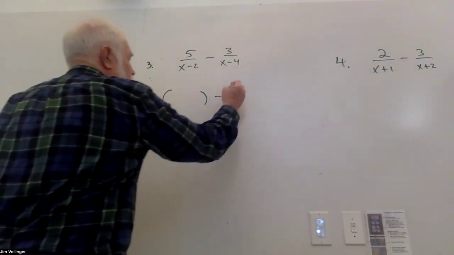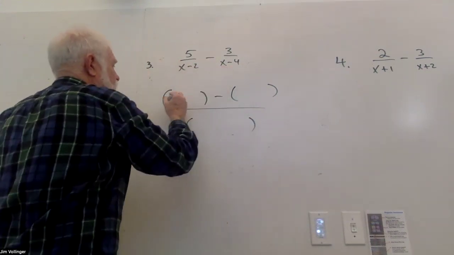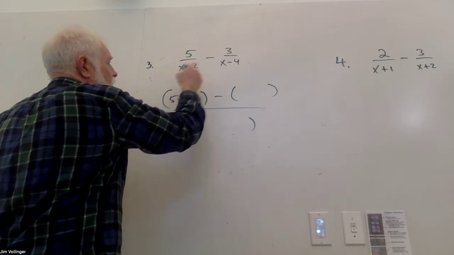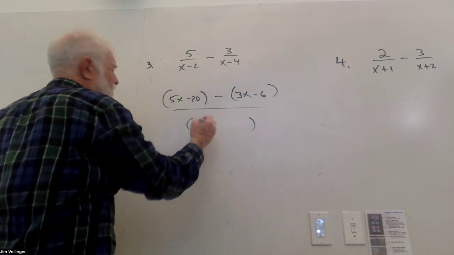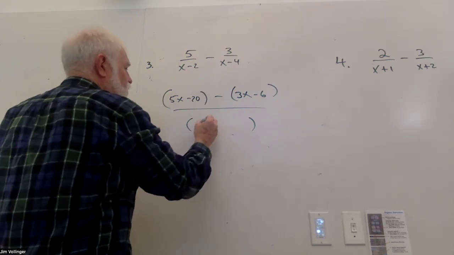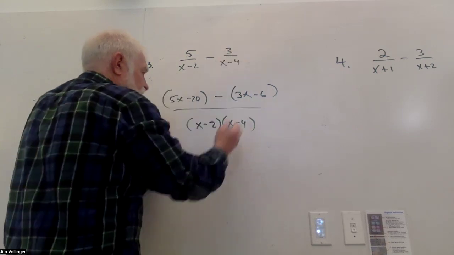Got my nice concrete mold. 5 times x minus 4, 5x minus 20, 3x minus 6, x squared. I prefer not to multiply that out in this instance because we might get a cancellation.